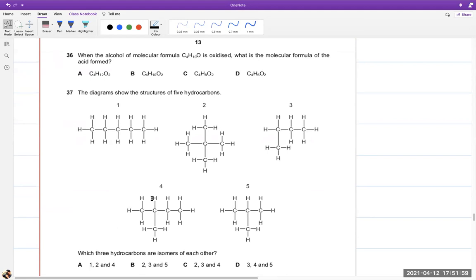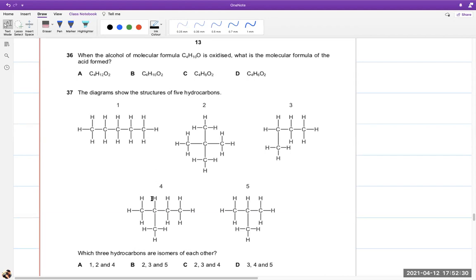When alcohol of molecular formula C4H10O is oxidized, ठीक है. What's the molecular formula of the acid formed? Alcohol को oxidize करते हैं, carboxylic acid बनता है. Yes. उस कार्बोक्सिलिक एसिड में कैसे बनता है? You are basically adding hydrogen and oxygen. उन्हीं को आप ऐड कर रहे होते हैं. हाइड्रोजन रिमूव कर रहे होते हैं, ऑक्सीजन ऐड कर रहे होते हैं. सही है. तो 4 कार्बन हैं, 4 ही रहेंगे, फर्क नहीं पड़ेगा उसको. क्या फर्क पड़ेगा?